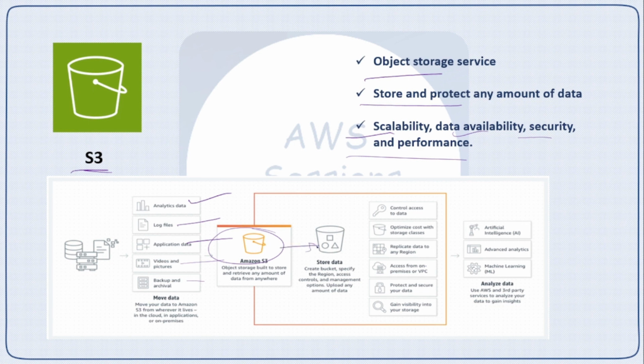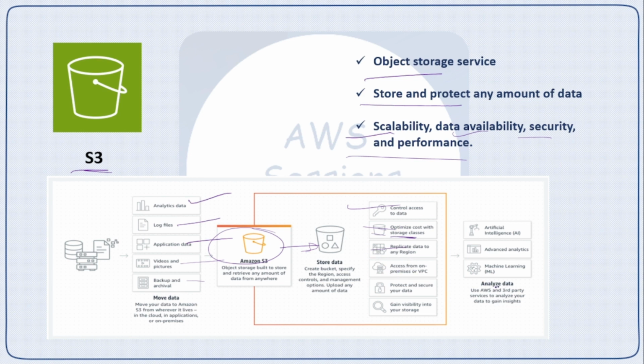You can also see the cost optimization aspect, because you can choose your storage class like intelligent tiering, Glacier, or standard storage. Then you can control access to the data via IAM policies or S3 bucket policies. You can do cross-region replication. You can do a lot of things with S3.